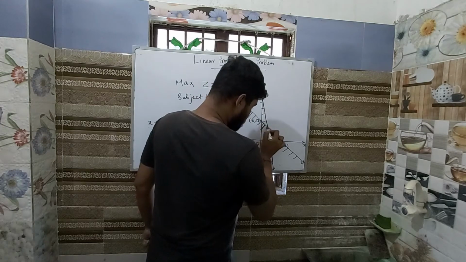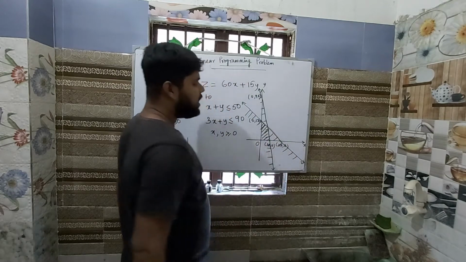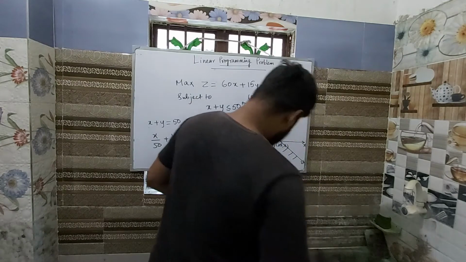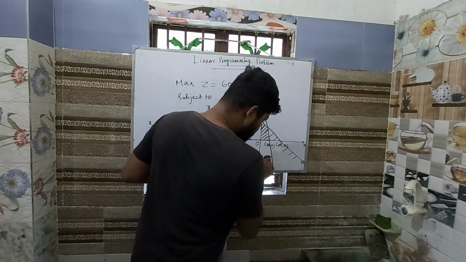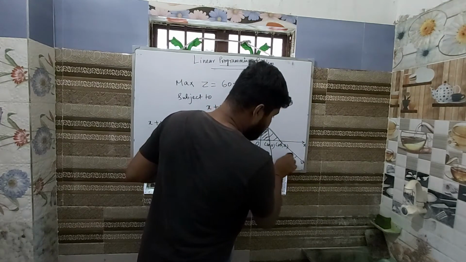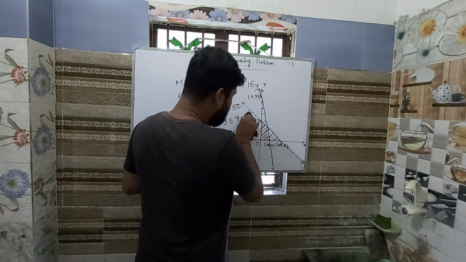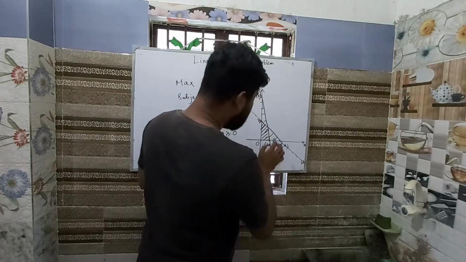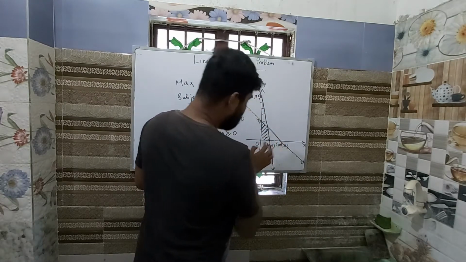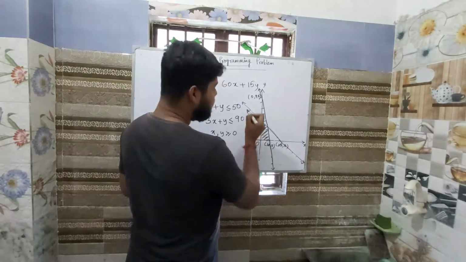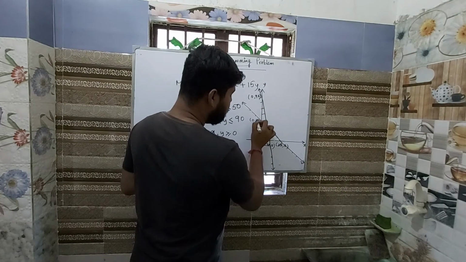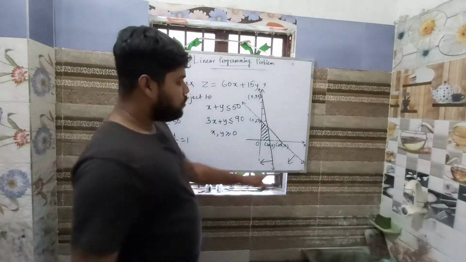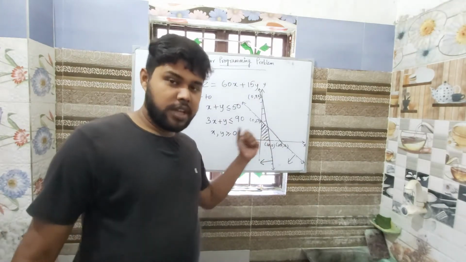Therefore, the common region that I got is this. Just to ensure that we don't confuse, let me remove this. All you can do is just mark the common area, and for the individual lines you can just mark it with an arrow, which signifies in which direction the area is.